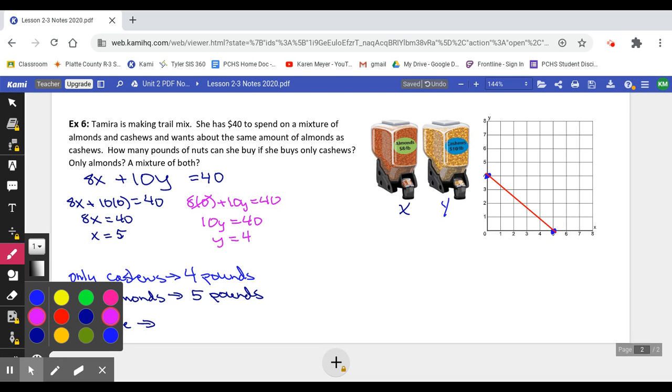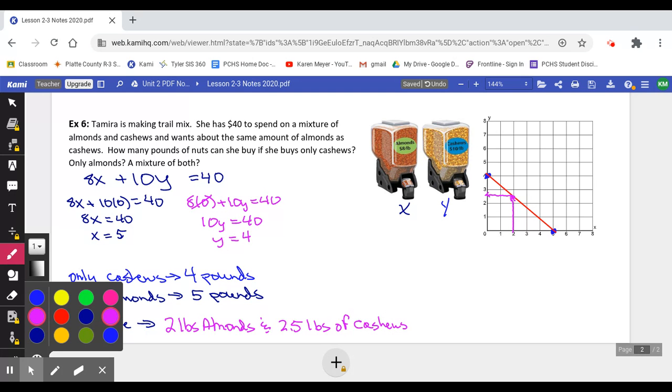If I'm on the x-axis at 2, and I follow it up, it looks like that's about halfway on the y. So remember, x is almonds, so I'd say 2 pounds of almonds and 2.5 pounds of cashews.